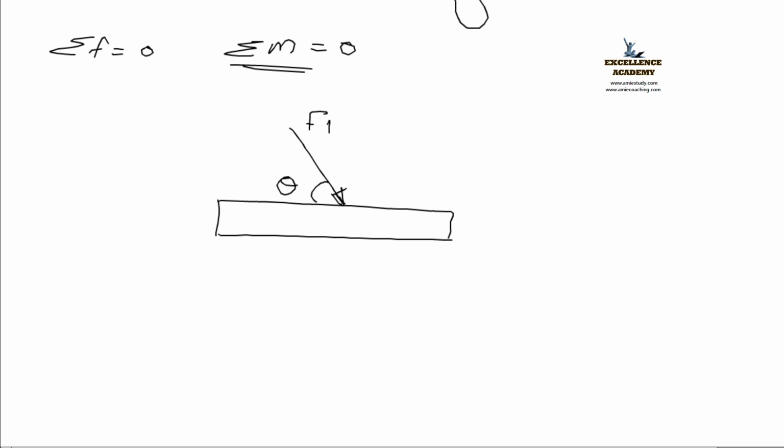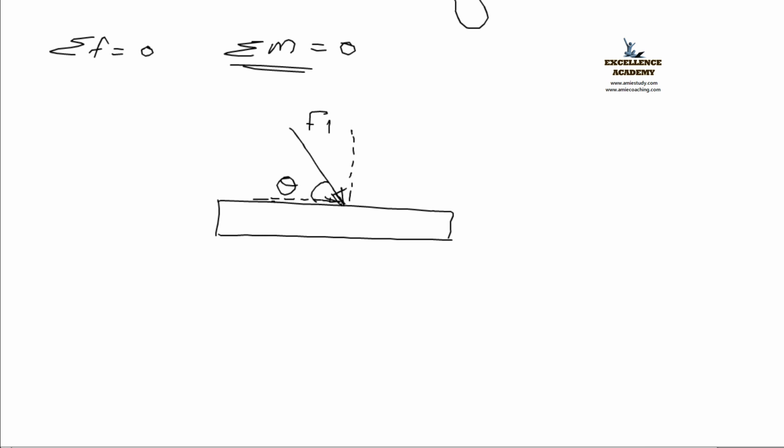So you have to resolve that force in the horizontal direction as well as the vertical direction. This is the horizontal force and this is the vertical force, say F1x and F1y.